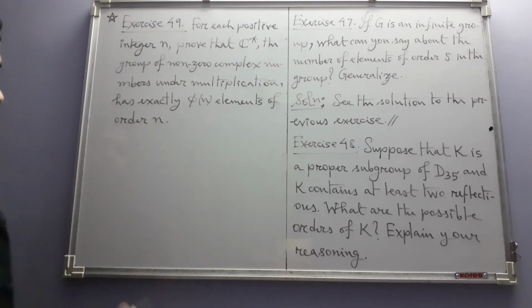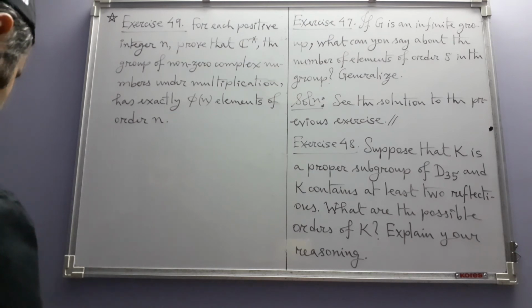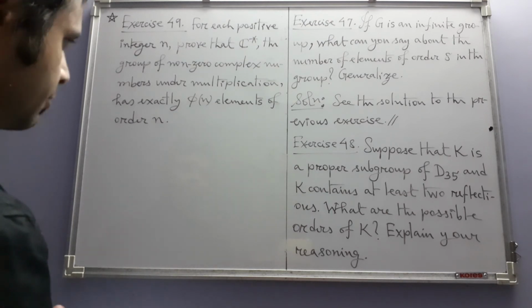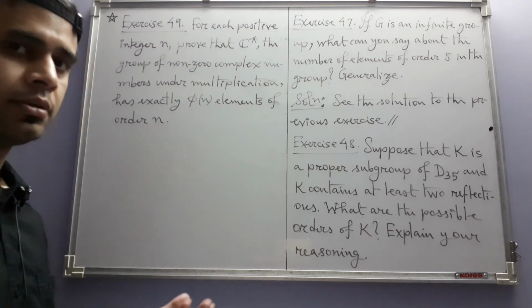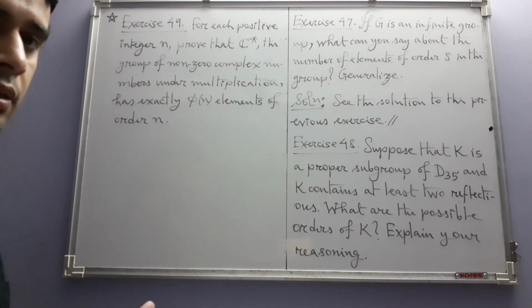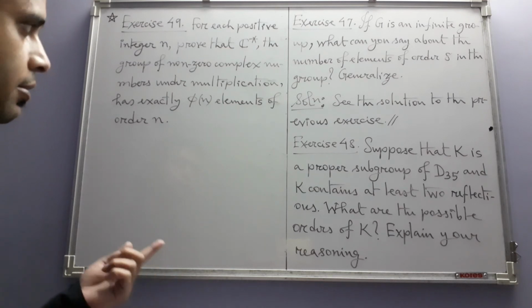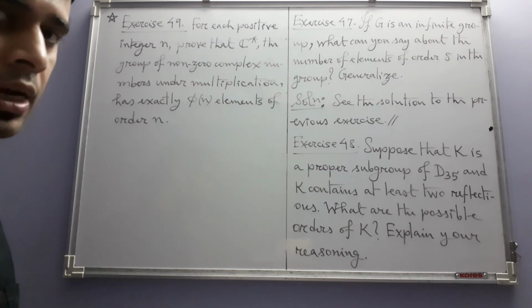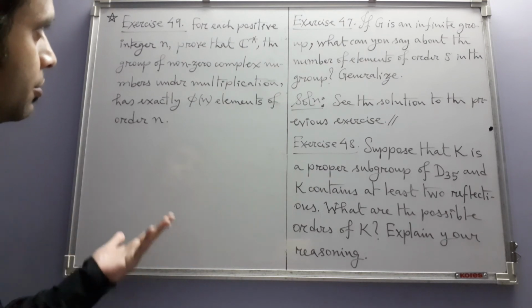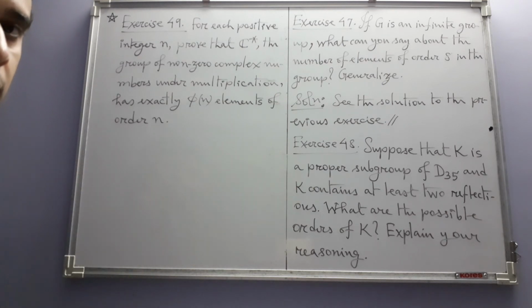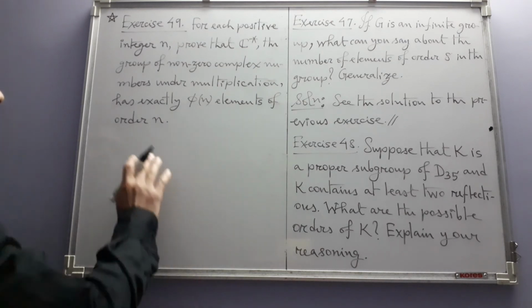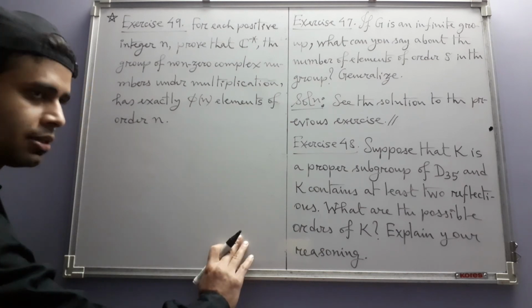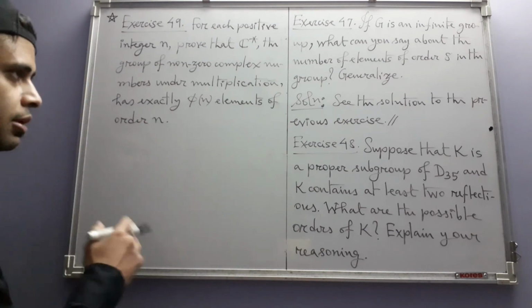So this is a nice example which shows that the general result, which says that the number of elements of order n should be a multiple of phi of n, has a particular case where the number is exactly phi of n, and this is also true for any positive integer n. So at once we have the number of elements equal to phi of n for every n.